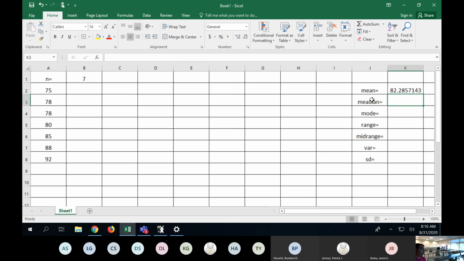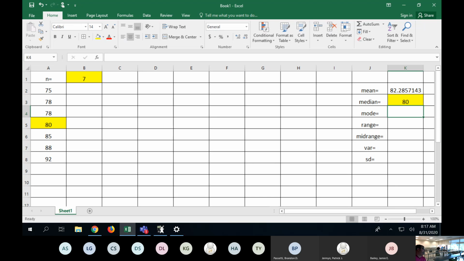All right, median. Oops, I spelled median wrong. The median is equal to, since this is odd, I'm going to highlight that yellow. Since 7 is odd, I'm going to count 3 down, and boom, there is my median. So my median is equal to 80.